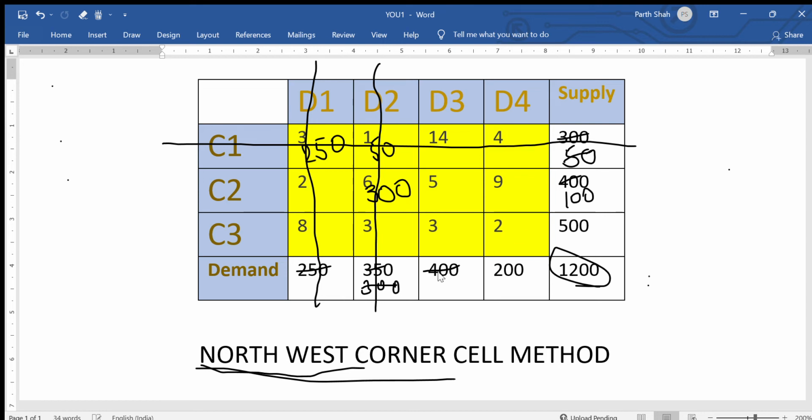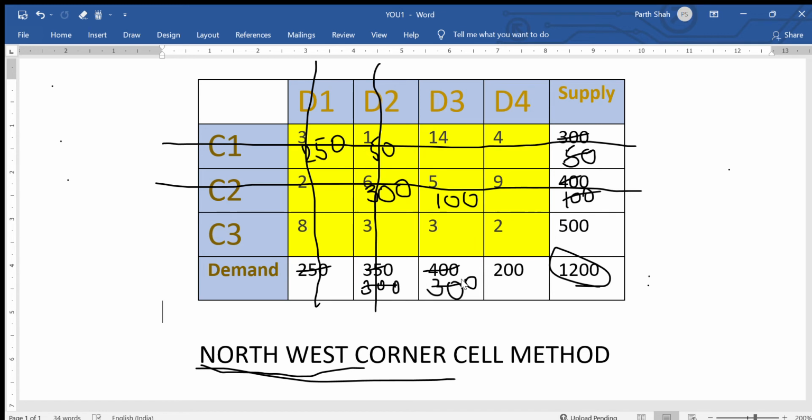So the demand will now be 300 and the 100 supply is exhausted. As company 2 has no balance, we cancel the entire row C2. Now in these two cells, the northwest has 300 as the demand and 500 as the supply.